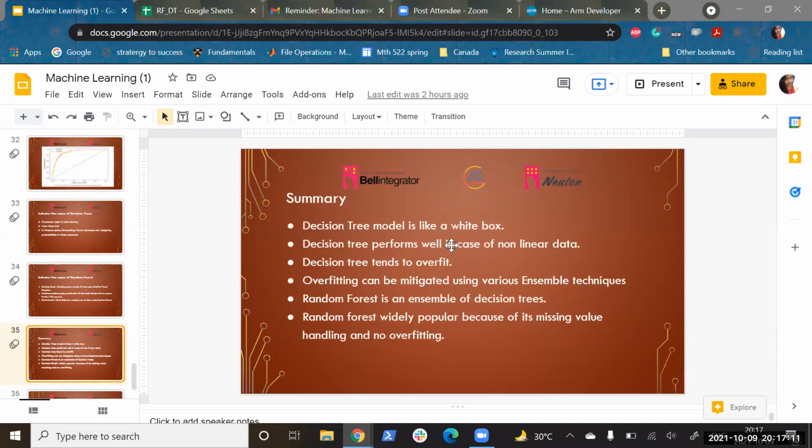So let's sum it up for once. Till now, what I discussed with you guys is that decision trees are widely accepted because they're like a white box. You can see how your decisions are being made, which factor is affecting your decision, which are the most important ones, which are not the most important ones. There is a factor called pruning.